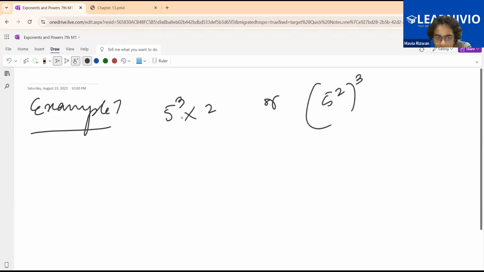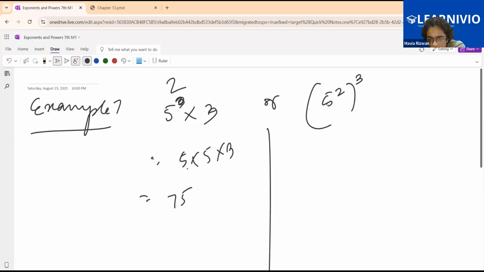Now see, 5 raised to the power 2 means 5 into 5, into 3. So this is 25 into 3, that is 75. This is coming to 75.